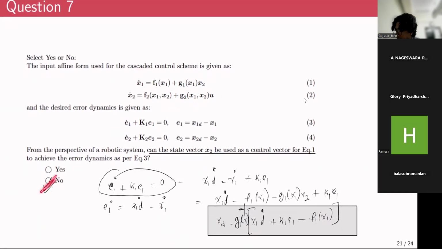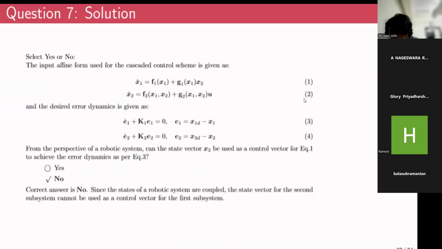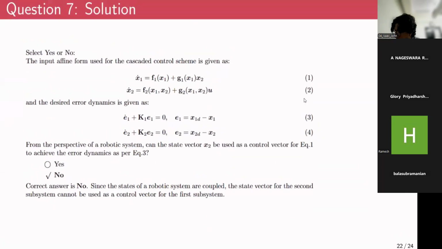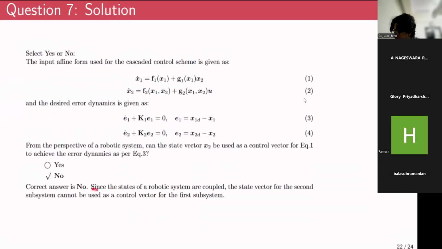The answer is indeed no. The description says, since the states of a robotic system are coupled, the state vector of the second subsystem cannot be used as a control vector for the first subsystem. We cannot independently choose this control input x2, because this is the state vector of the second subsystem. They are coupled in a way.